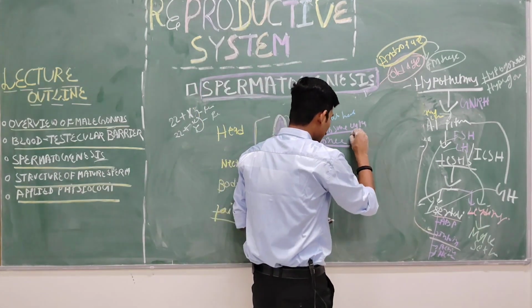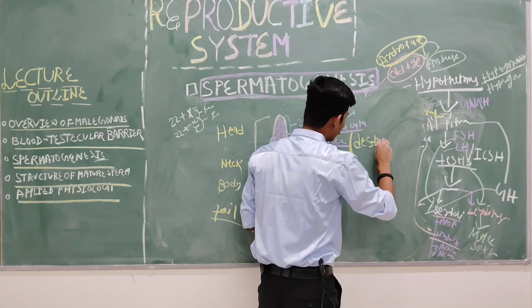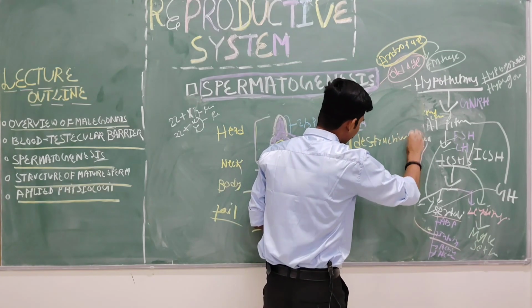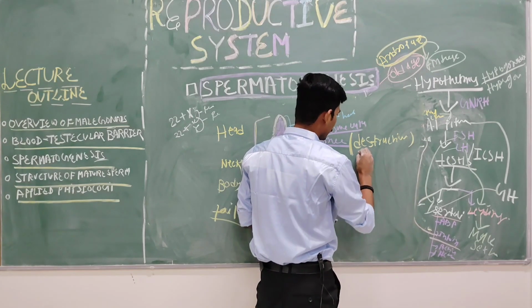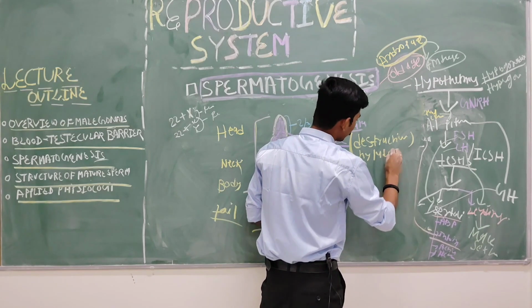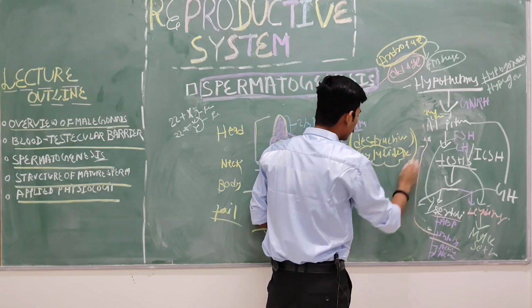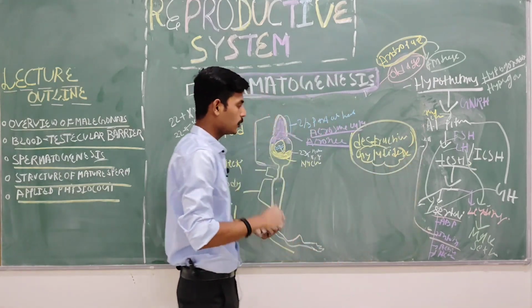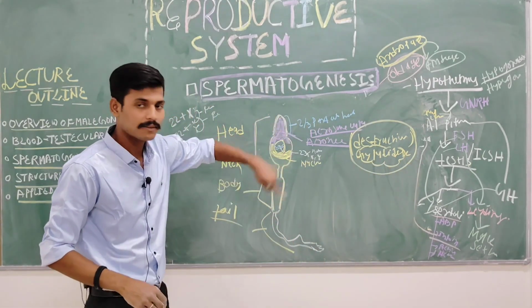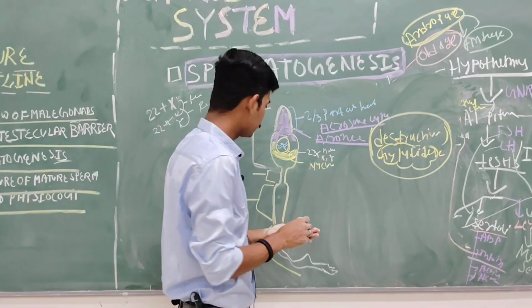Why? Because it contains destructive enzymes. One of the enzymes is hyaluronidase. These enzymes are involved in the dissolution of the egg membrane, so they are very vital.